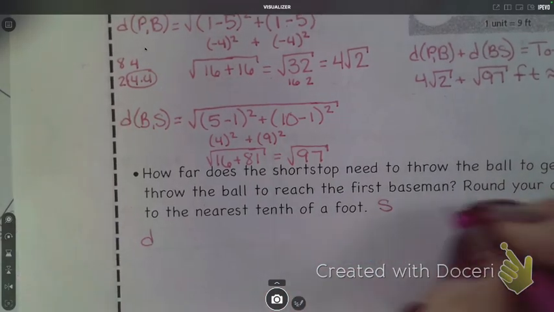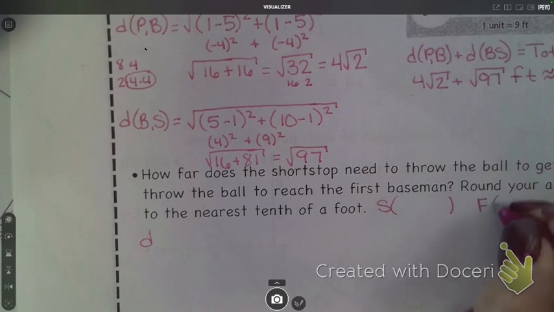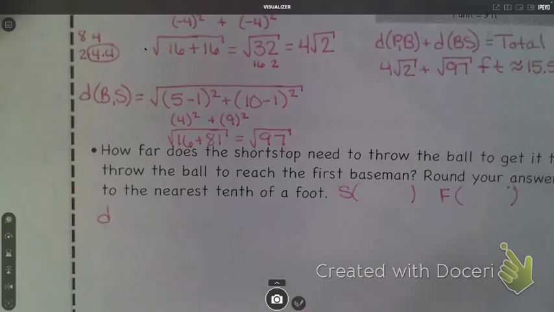So the first thing you want to do is make your points, so you're not having to keep looking at your picture, because if you keep looking at your picture, you're probably going to mess up your points at some point.